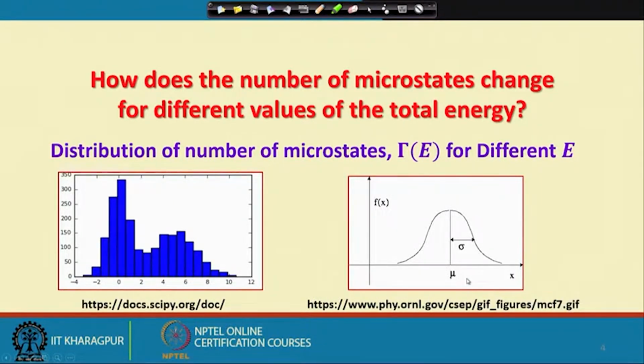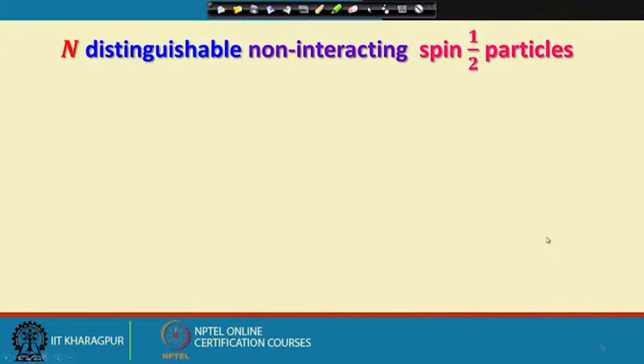So, my question is, is it possible to represent the number of microstates in terms of one such distribution function when I carry out a simple experiment like the measurement of the total magnetic moment of a spin half system? This is what we are going to see next.